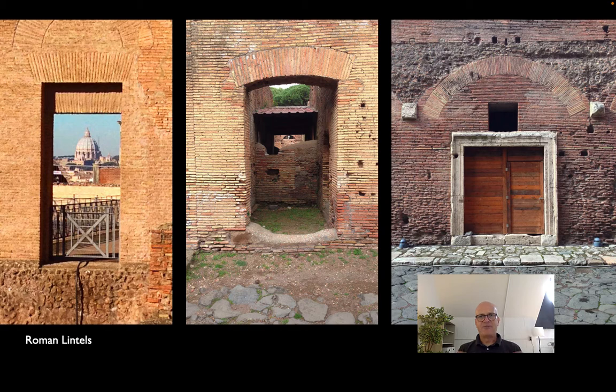It doesn't have to be a full semicircle, although those are sometimes, as we'll see, easier to build. And on the right, a combination of a marble lintel with a relieving arch above it that's taking most of the weight of the wall, spreading it around the opening below, so that relatively fragile marble lintel only has to carry the weight of the brick between it and the arch above.